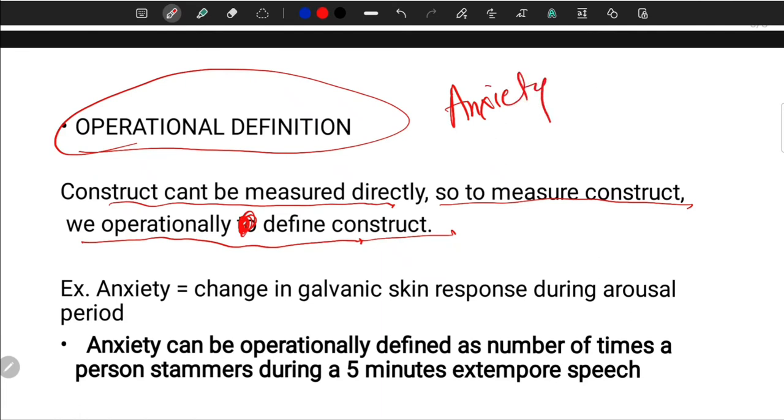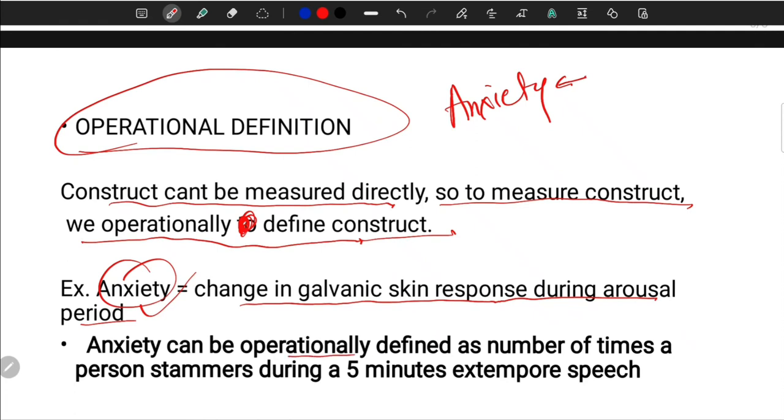Now we cannot directly measure the anxiety, so we'll use something which defines the anxiety, like changes in galvanic skin response during an arousal period. There are some skin response changes when we are in an anxious mood. When there's anxiety, there is a galvanic skin response.